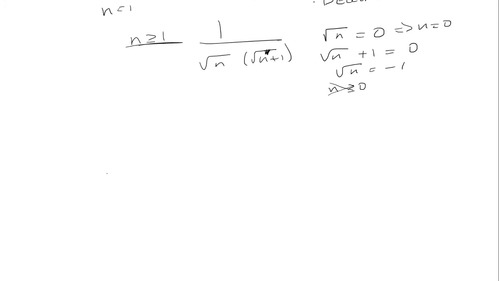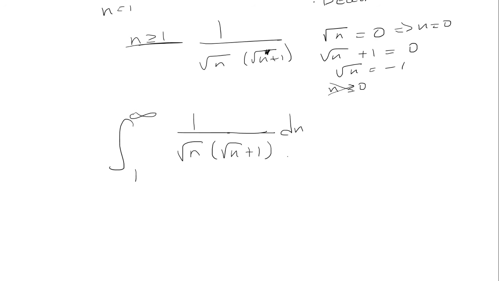So now we can evaluate the integral. The bounds are going to remain the same. So that leaves us to integrate this. This is a little tricky, so what I'm going to do is let u equal the square root of n plus 1. So du is 1 over root n dn. I'm going to ignore the limits for now.